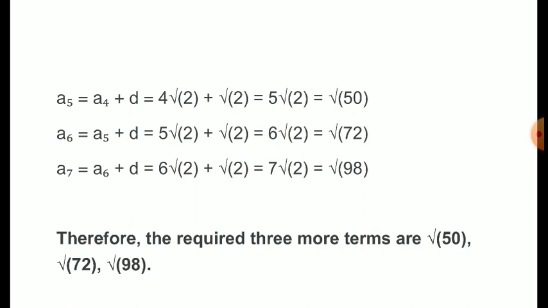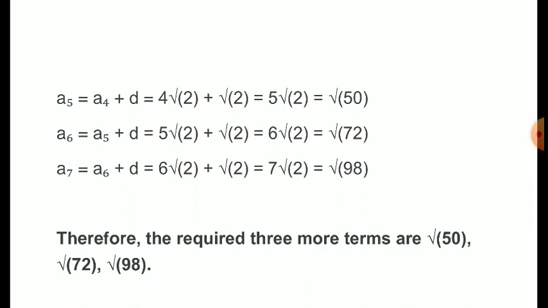So 6 root 2 plus root 2 comes to 7 root 2, and 7 root 2 is a mixed radical number. If you convert it into pure radical form, it will come to root over 98. I think you understood. 7 inside the radical will be 7 squared, no? 2 into 7 squared, so 7 squared is 7 into 7, that is 49. 49 into 2 is 98.